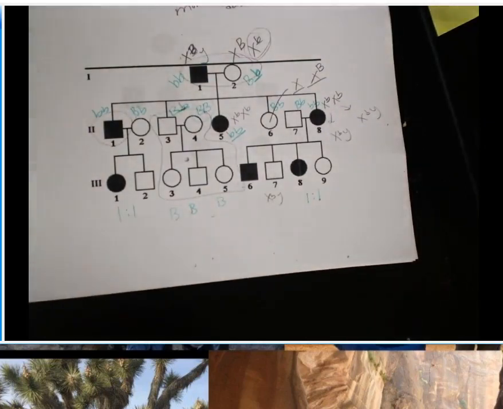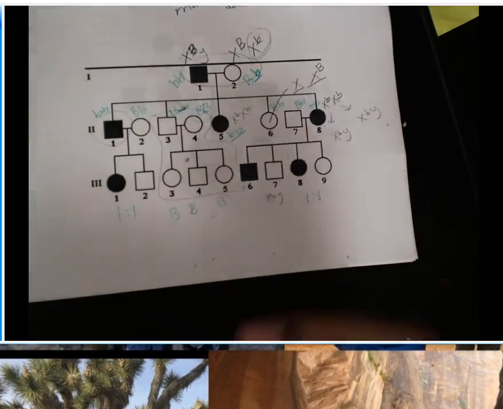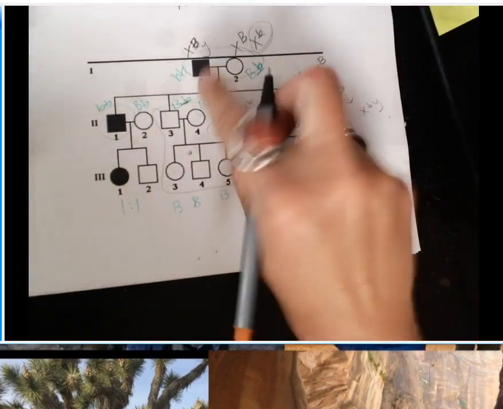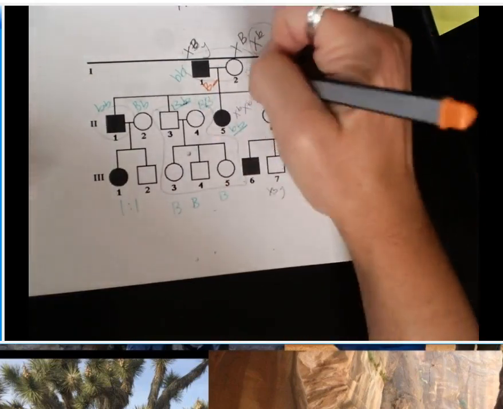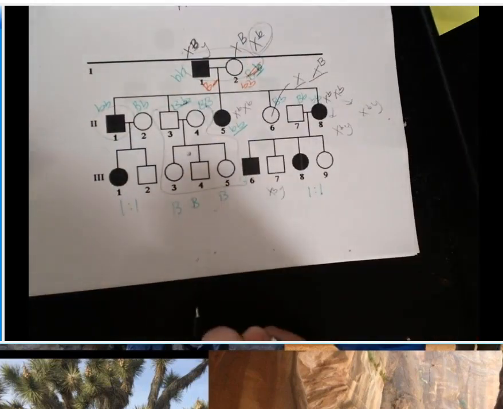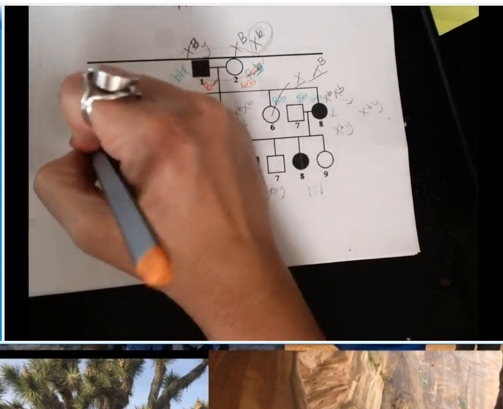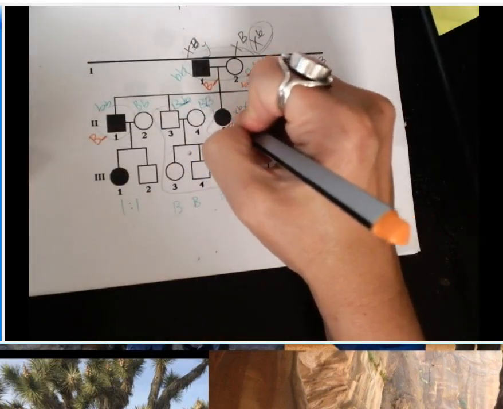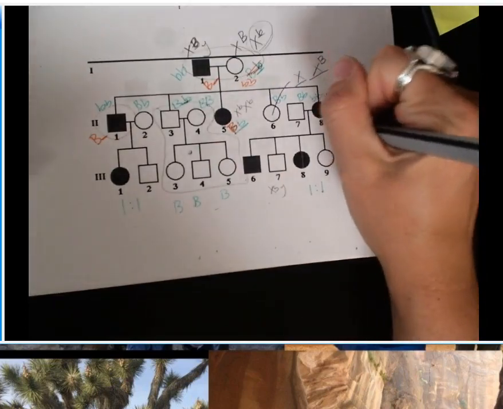Well, could it be autosomal dominant? Sure, let's see. So then here with this, if you assign a dominant allele like this, and then say that the mom is homozygous recessive, well then all of these children would have inherited a dominant allele. Okay.